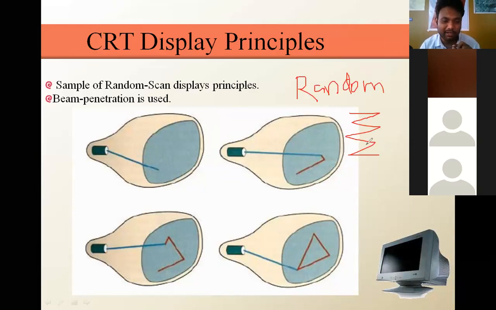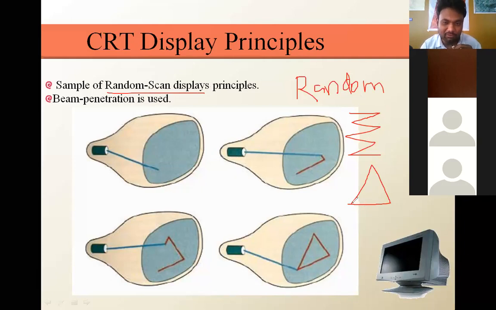So if you want to draw a triangle, or display the triangle on the monitor, what is the beam going to do? In the random scan display, we are not going to have any lines or any frame buffer system.